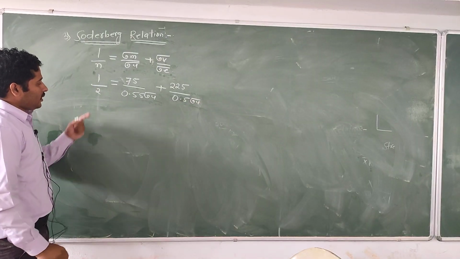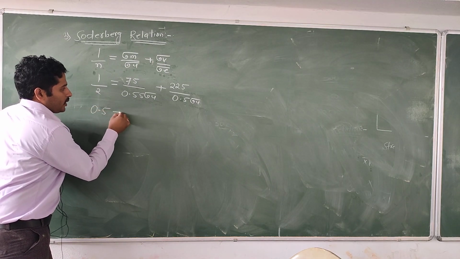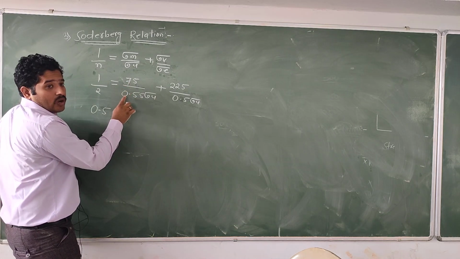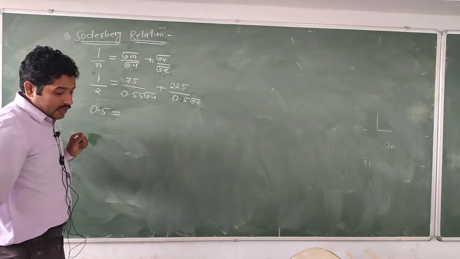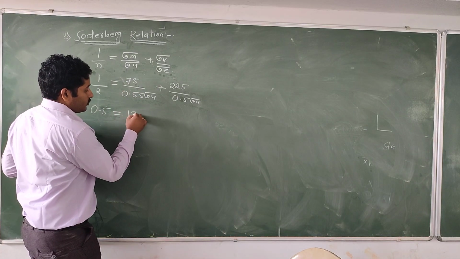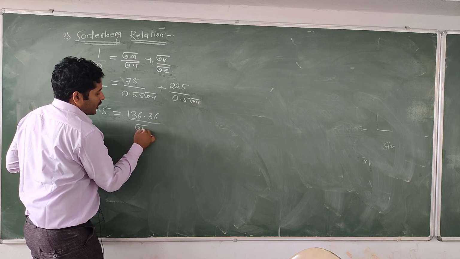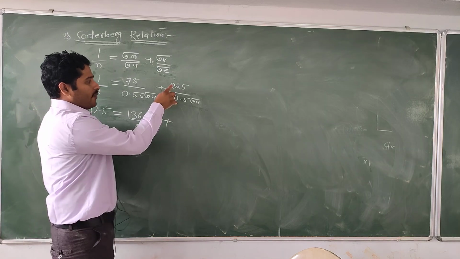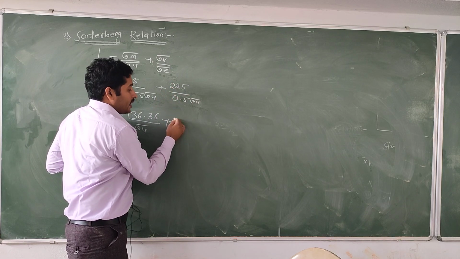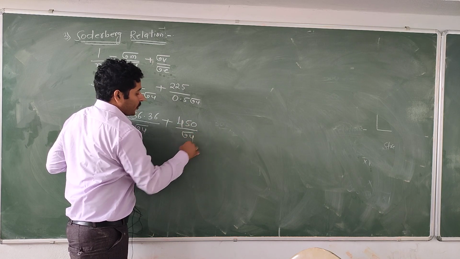Then 1 by 2, nothing but 0.5, equal to 75 divided by 0.55, which gives 136.36 by sigma u, plus 225 divided by 0.5, which gives 450 by sigma u.